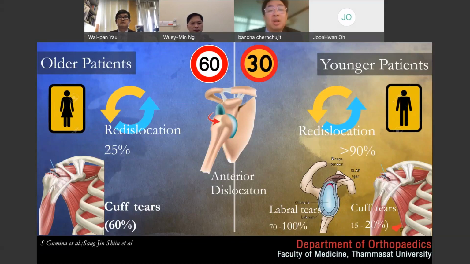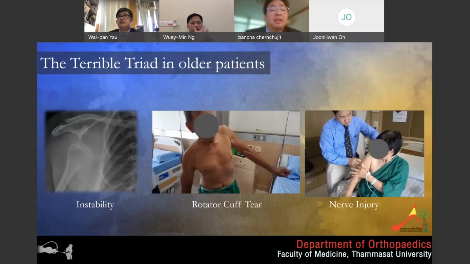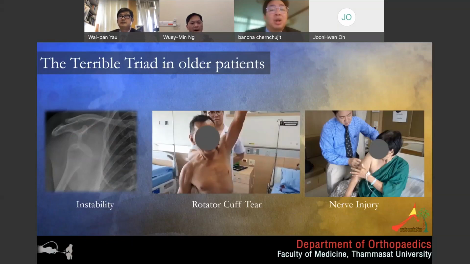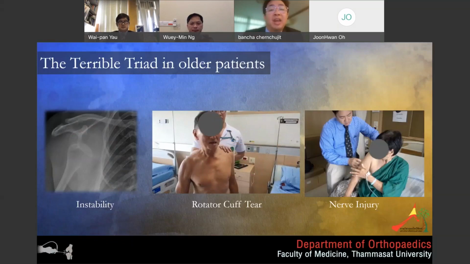The cuff tear is more common in the elderly. The incidence is about 60%. In contrast, the capsulolabral tear is common in the young, 70 to 100%, but cuff tear is only 15 to 20%. So these are the differences. This is the terrible triad, which is more common in older patients, composed of shoulder dislocation, rotator cuff tear, and nerve injury.